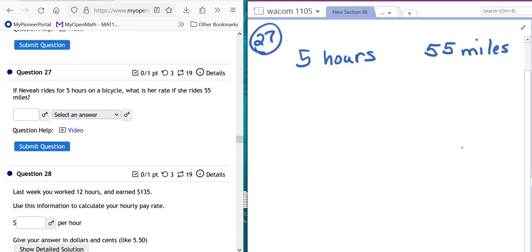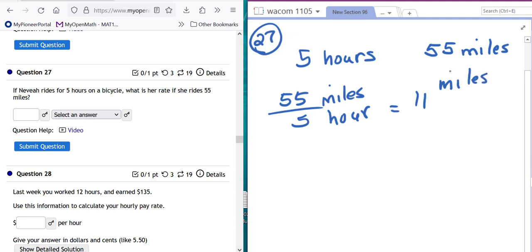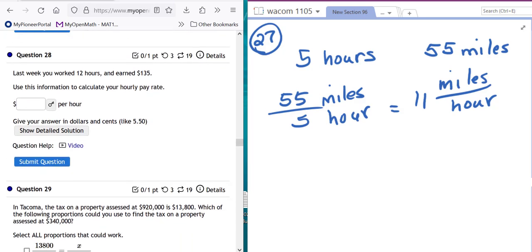Because normally they want miles per hour. So they want you to do 55 divided by 5 to give the rate. This will give you miles up here, an hour down here, and divide by 5 and you get 11 miles per hour for the rate. So that one didn't really fit with our proportions. Okay.